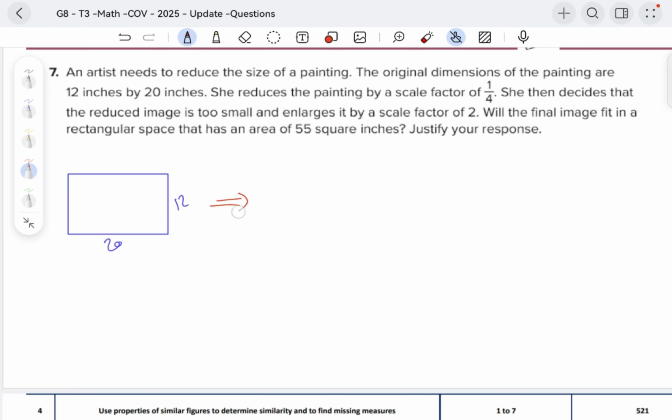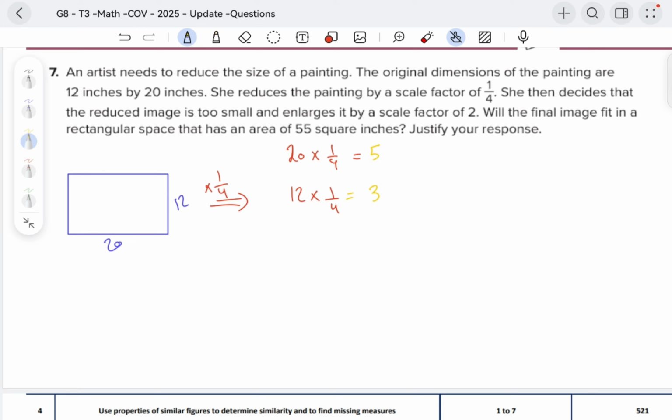So the scale factor is 1/4. We're going to multiply the length and the width by 1/4. The length is 20 times 1/4, and the width is 12. We're gonna multiply it by 1/4. 20 divided by 4 is 5, and 12 divided by 4 is 3. So the new dimensions will be 5 and 3.